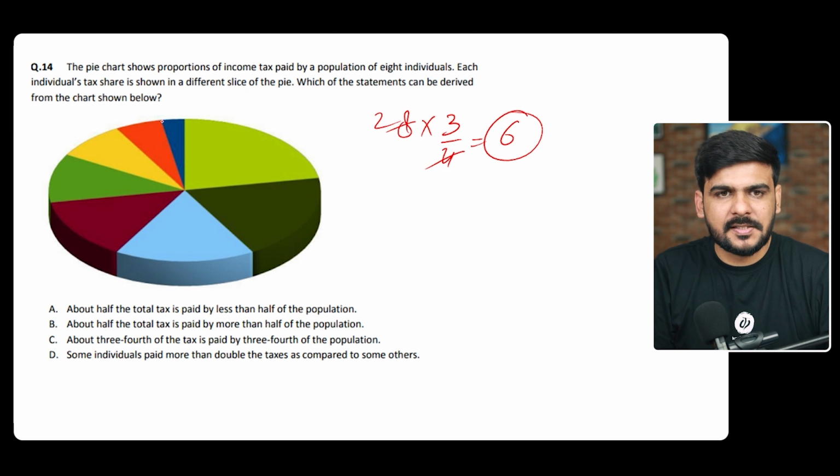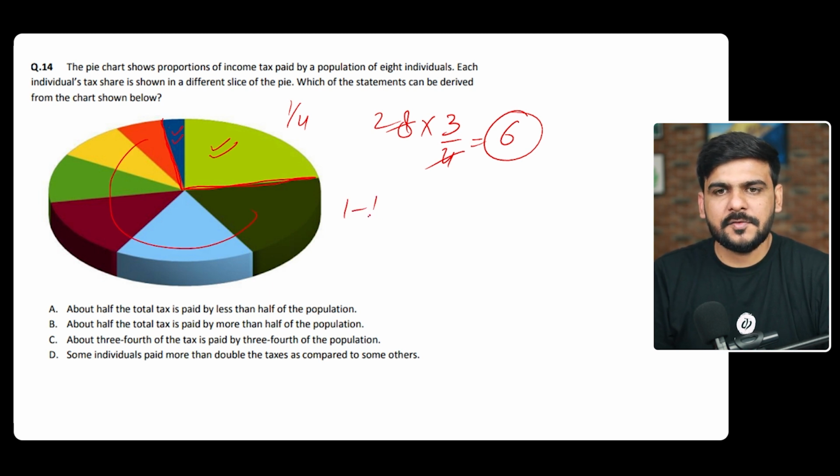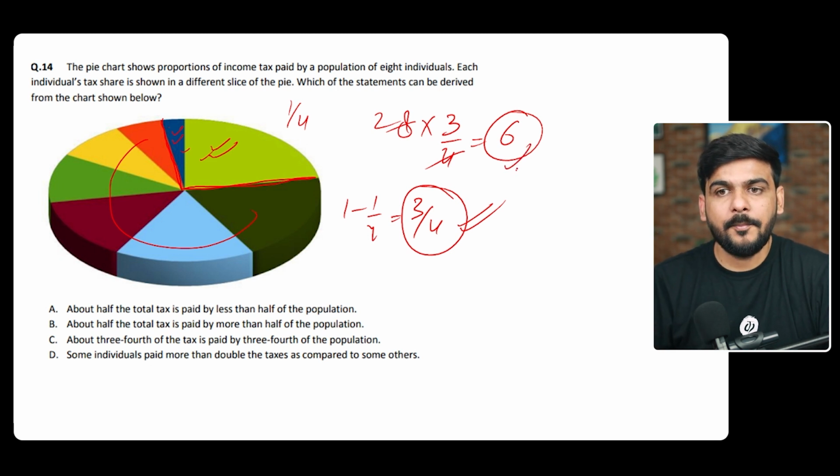So if we see this quadrant, this part, so that means this blue and this green, they are paying this 1/4. So these two are paying this 1/4. So what is the remaining for the whole? That is 1 minus 1/4, that is 3/4 of the pie. And how many people are the remaining people? If 2 are there, then the remaining would be 6 because the total is 8. So as we can see, the third statement is again correct. 3/4 of the tax is paid by 3/4 of the population. So the third statement is also correct.